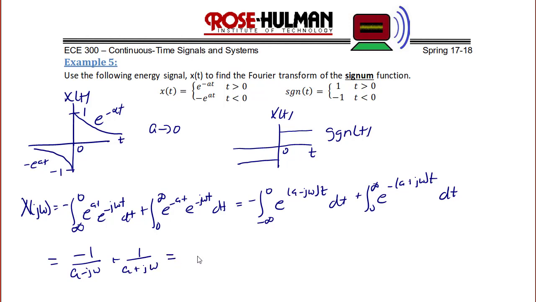Collecting like terms and simplifying, this becomes 2ω over j times (a squared plus ω squared).